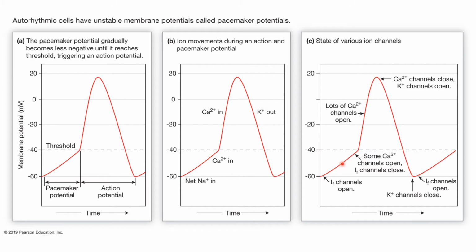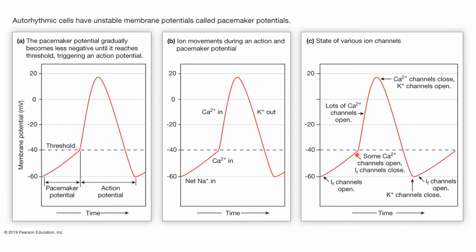But that depolarization is not strong enough to reach threshold on its own. And so another channel that's going to help reach that threshold is a bunch of calcium channels. Those calcium channels are going to open up, and calcium, which is carrying a positive 2 charge, the calcium ions are going to start entering into the cell, causing more depolarization. And so as you can see, the depolarization wave is eventually going to reach threshold.